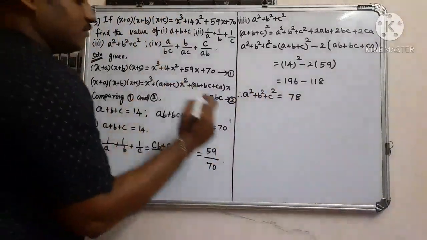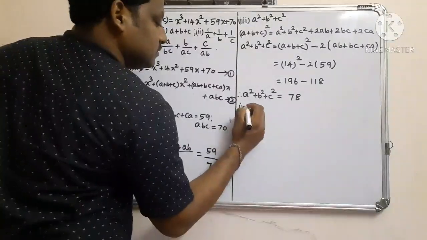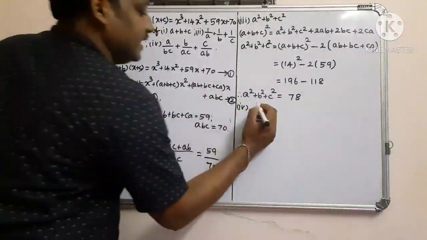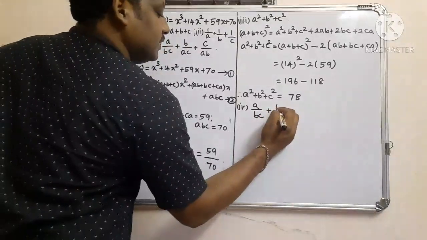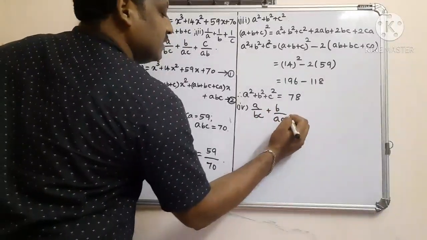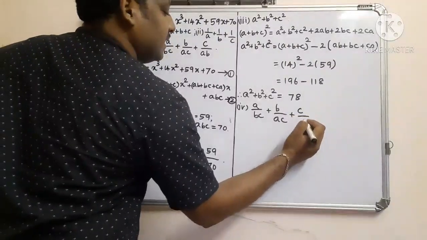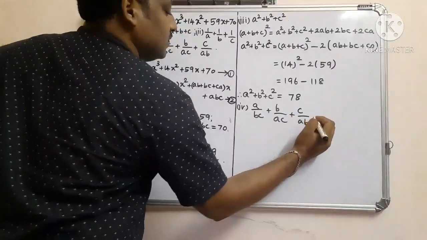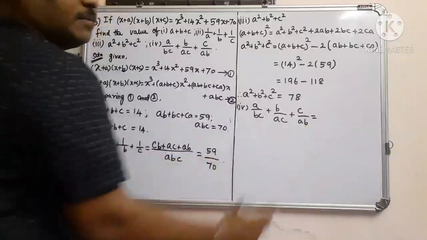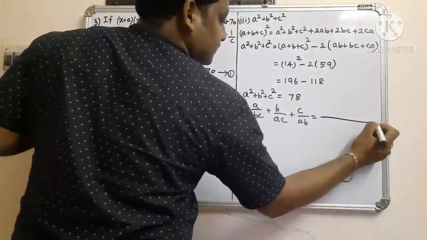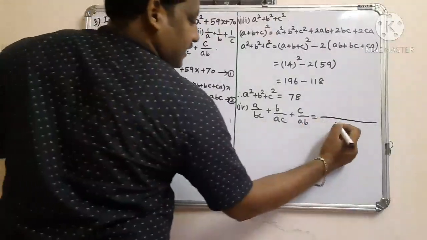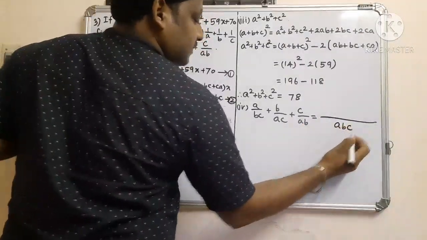Now we have to find the fourth one, that is a divided by bc plus b divided by ac plus c divided by ab. Here also the denominators are different in the fractions, so we have to take a common denominator, which is abc.